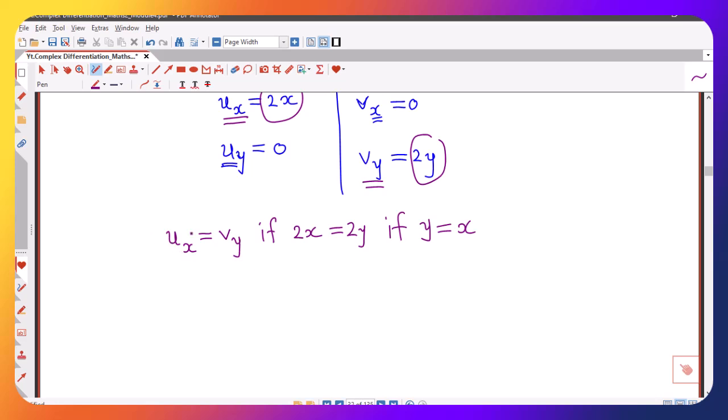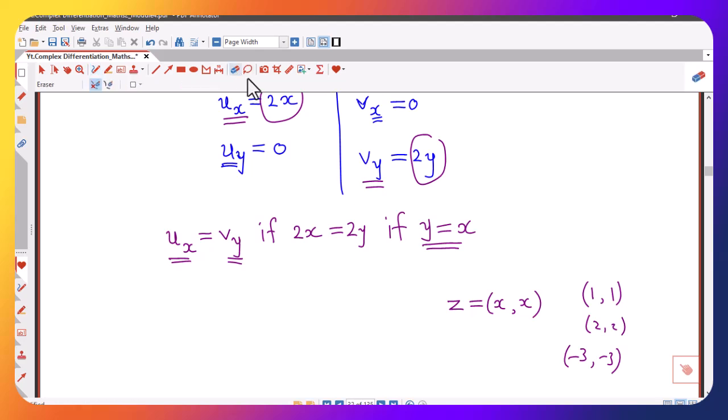What is the meaning of this? These two functions are equal at all those points z for which x and y are equal, that is, points like 1 1, 2 2, -3 -3. So for those complex numbers in which the real and imaginary parts are the same, this equation is satisfied.